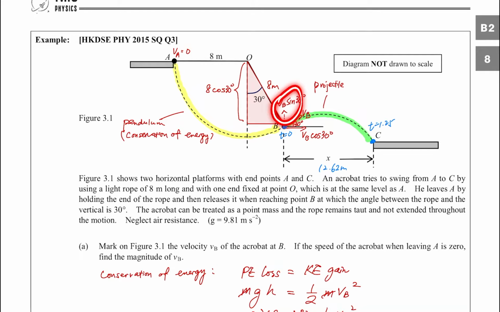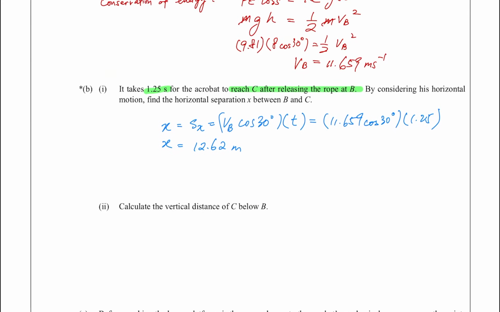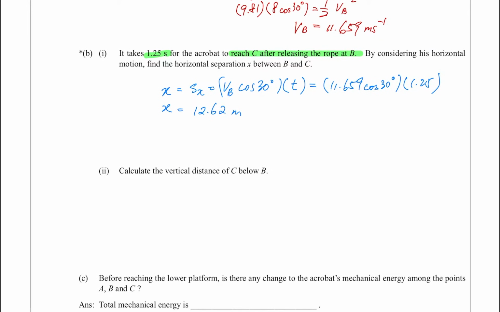Consider the vertical motion: originally the acrobat is going upwards with a velocity VB sine 30 degrees. After 1.25 seconds, where will the acrobat be? We use the equations of motion, Sy equals uy t plus half ay t squared.